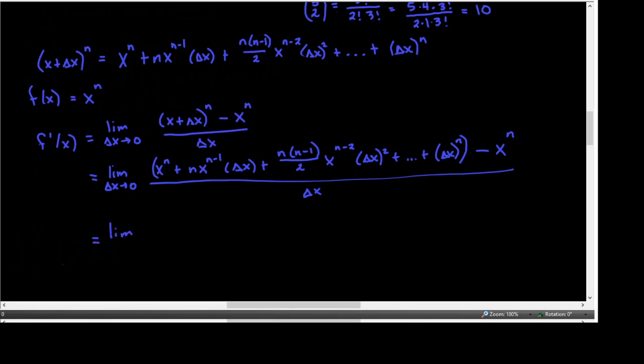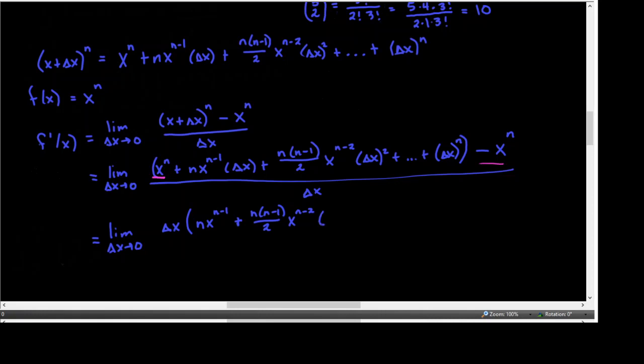Okay, well, you might notice that in the numerator, there is a little bit of simplification that will happen. This x to the nth minus x to the nth is 0. And so we're left with everything else. And everything else has a delta x as a common factor. So I'm going to factor out a single delta x. So the first thing we'll get is n x to the n minus 1 plus n times n minus 1 over 2 times x to the n minus 2.